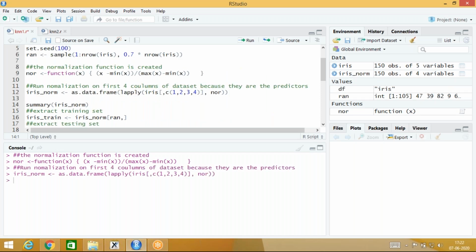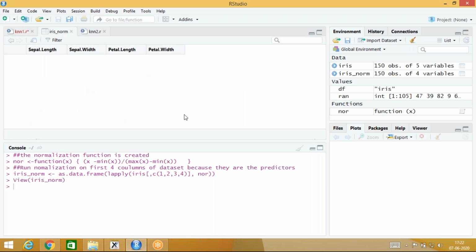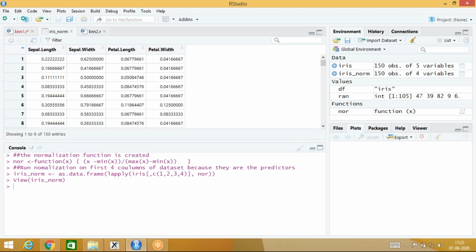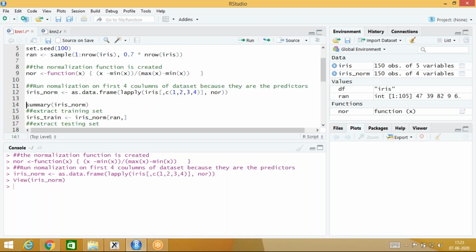So I run this. Just let me show you what I got. So now all my 4 variables are normalized. Can you see that? All the 4 variables are normalized, means they are between 0 and 1. And the summary looks like this.